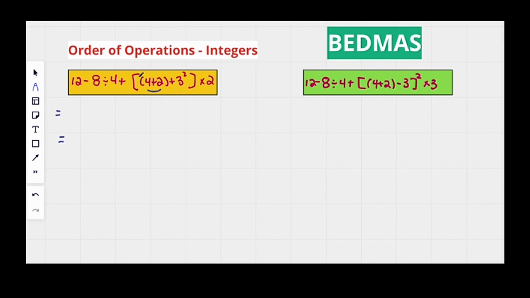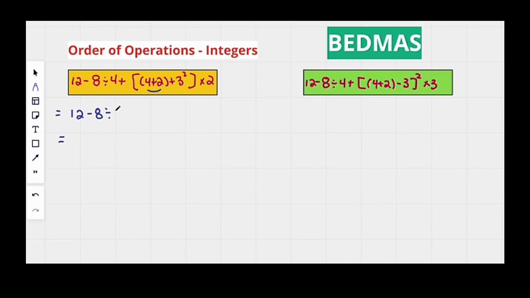So if we apply BEDMAS inside the bracket, we should be okay. The first thing then that we do inside the bracket is B for bracket. So we'll do this part first, and then we're going to continue with whatever else is in the bracket, following the BEDMAS rules again. So to start, let's just write everything else that we're not doing anything with, because this will come at a later time.